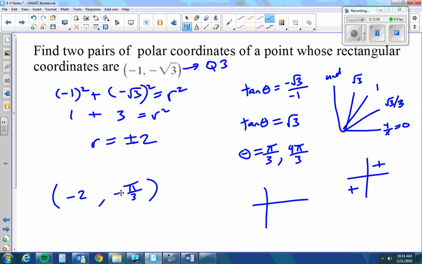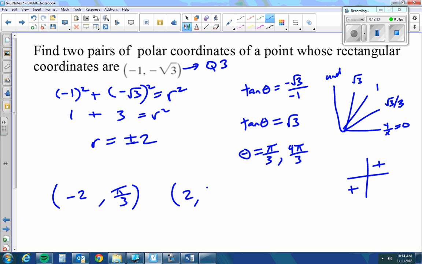You gotta be careful with this. Negative pi over 3 takes you there in the fourth quadrant. Pair with that negative radius would put these coordinates for this point in the second quadrant. If I keep the negative radius, which angle should I use? No. The answer is pi over 3.